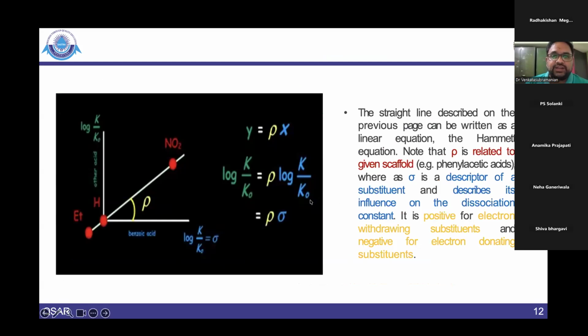So from that, he developed an equation, that is log K by K naught is equal to rho into sigma, given as log K by K naught equals rho sigma.